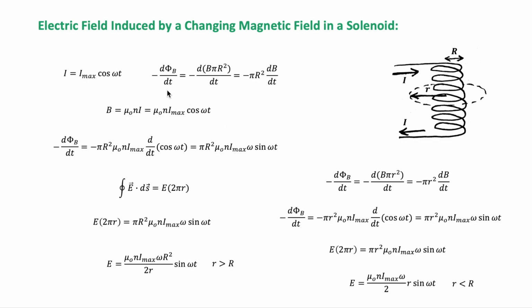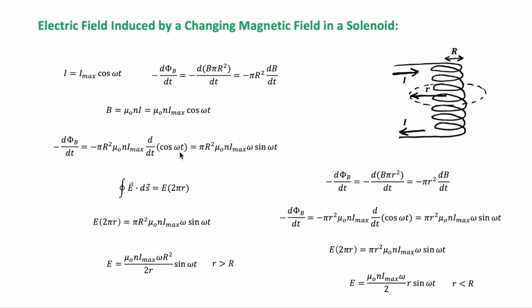So the change in the magnetic flux is equal to minus d over dt of Bπr², which is equal to minus πR² dB over dt. So from the previous example, in the previous video, the magnetic field inside the solenoid is given by μ₀nI, equal to μ₀nI max cosine ωt. And so the change in the magnetic flux is given by this equation.